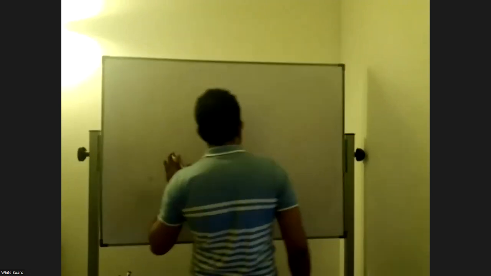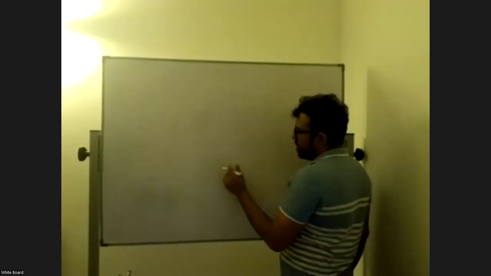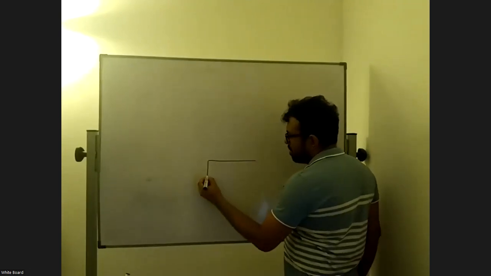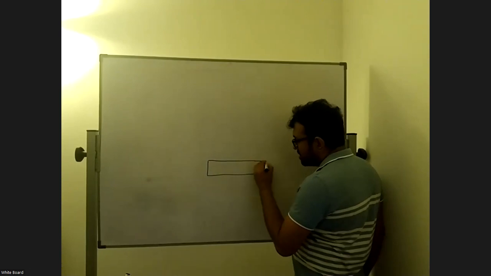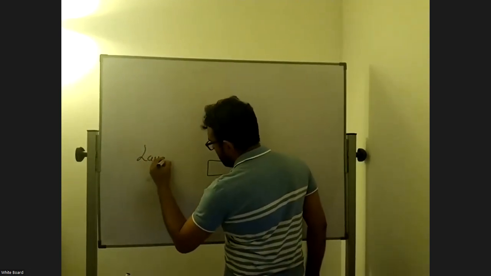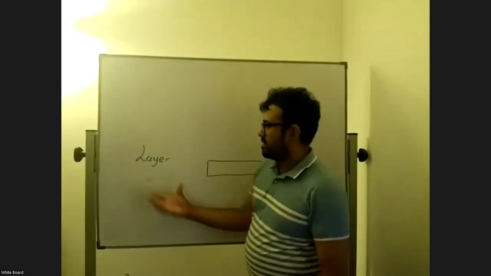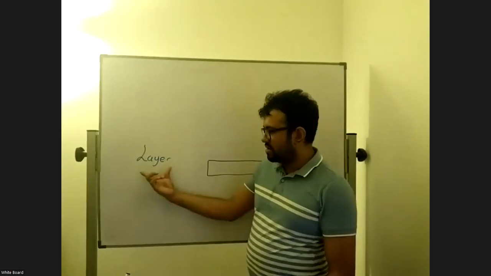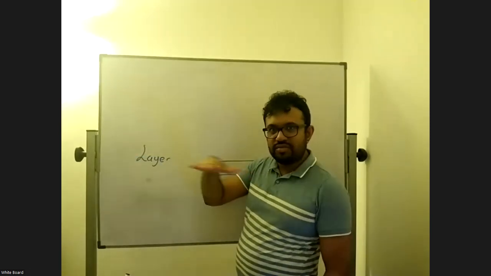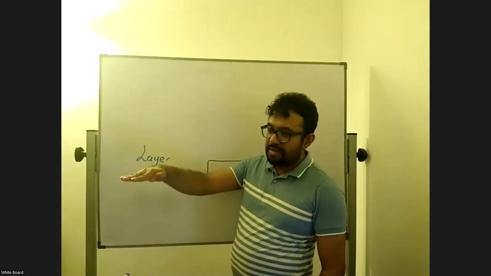If you take the computer, we can show the computer hardware as a single layer like this. Layer. You may have come across this word, a layer of chocolate, layer of jam, butter.